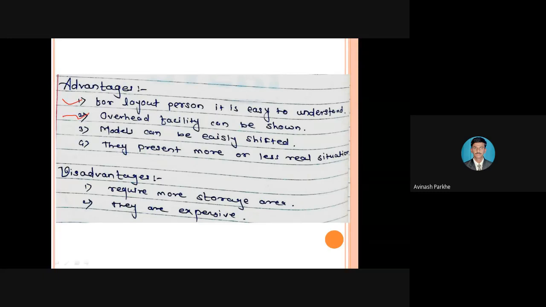So whatever complicated shapes are available, whatever complicated power transmissions are taking place, all such complicated situations can be represented using these models. Then models can be easily shifted. Models are very small in construction, so we can shift that wooden model or plastic model from one location to another, or from one department to another department.